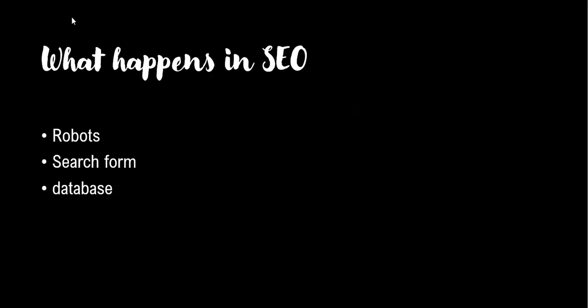Now, for example, in search engine optimization, what happens? There are three basic things: the robots, the search form, and the database. The robots are called the web crawlers. Once you type anything in a search engine, like top 10 gloves, the robot will get these keywords and go and look for those particular websites or their web pages.